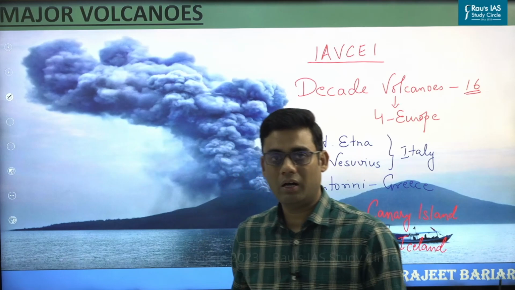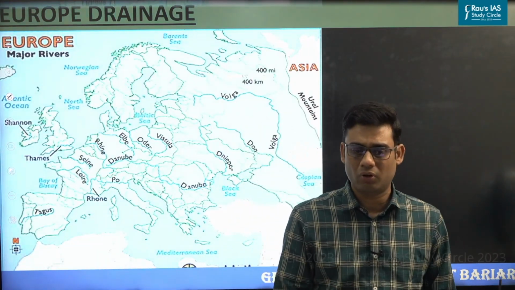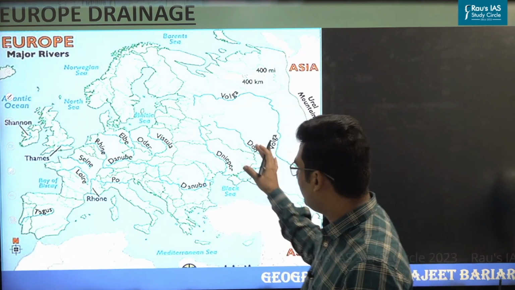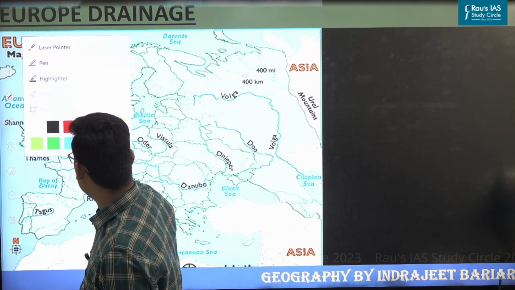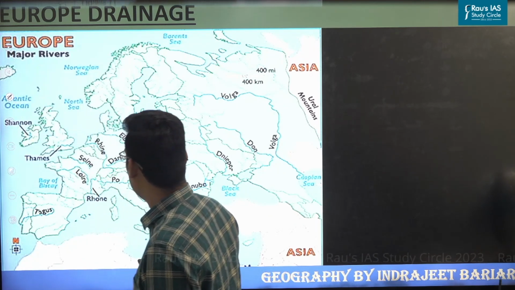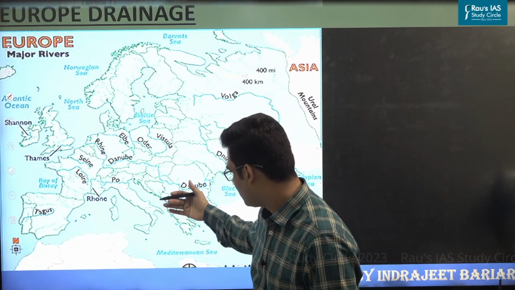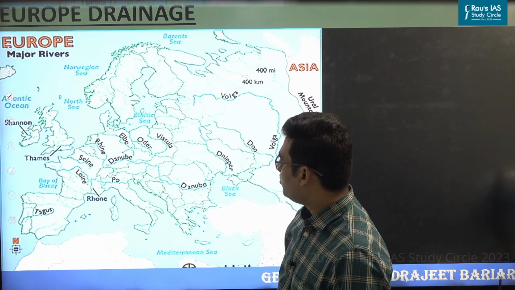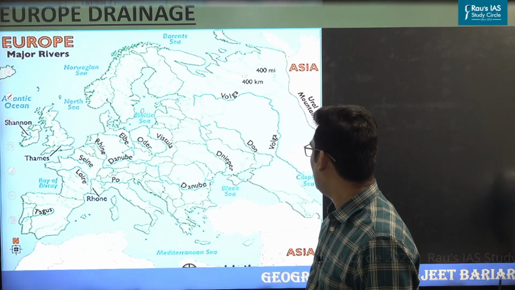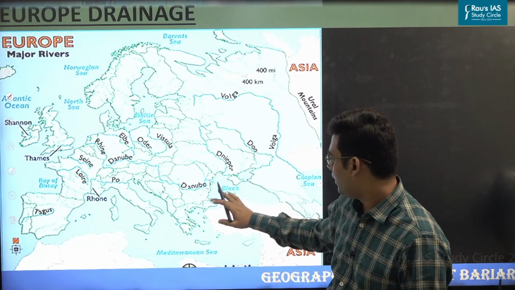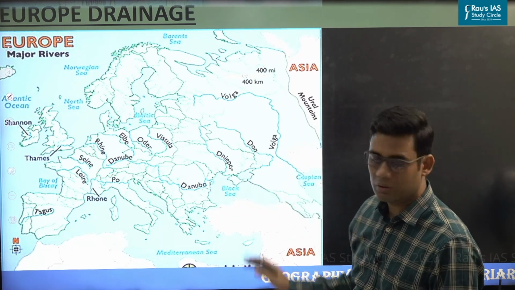And the next part now, the last part, that is the drainage of Europe. Very roughly we have to know a few of the important rivers. The drainage basins overall can be identified as the Mediterranean drainage, the North Sea drainage, and with respect to the Black Sea, Sea of Azov, or Caspian Sea also.